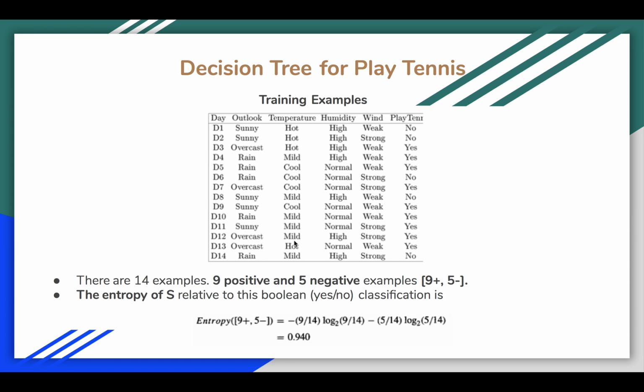So now we need to find the root node of our decision tree. So we calculate the entropy first. The entropy, using the formula from before, is equal to minus the ratio times the log of the ratio. This is the ratio for positive and this is the ratio for negative, and then we get the result 0.940.